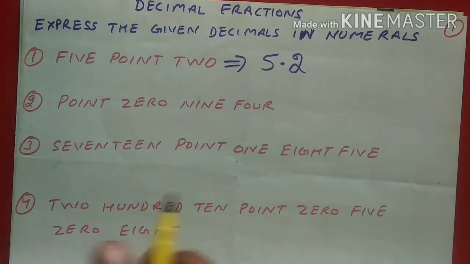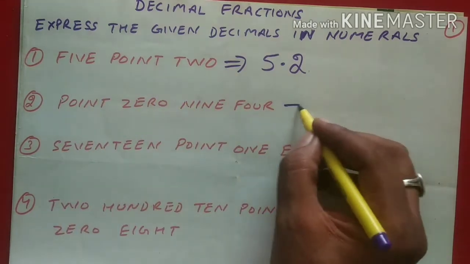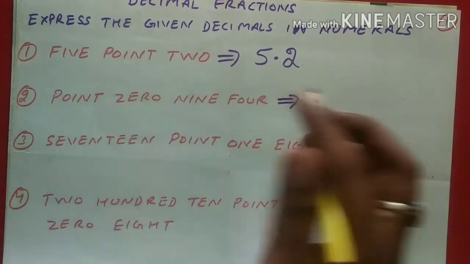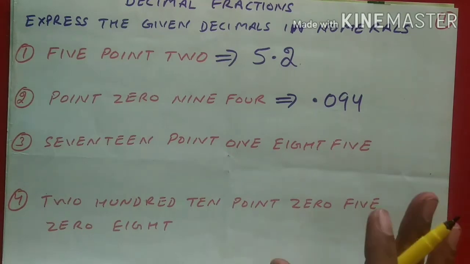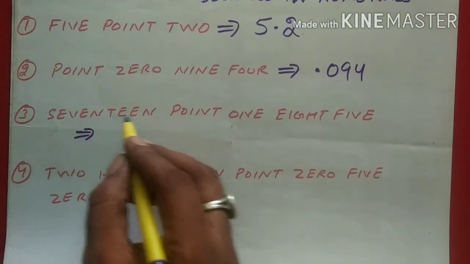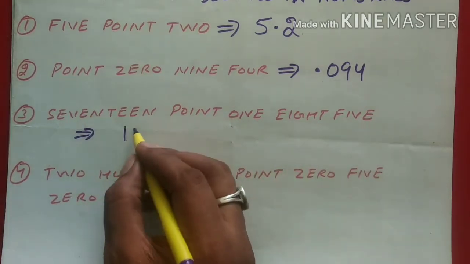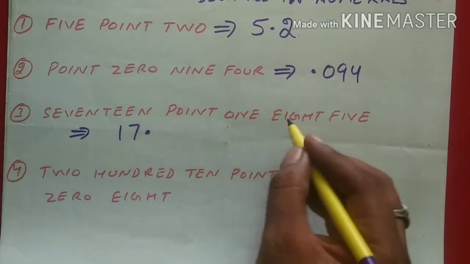Now we are on the second question. 0.094. First of all, you will write the decimal 0.09 and 4. Now we are on the third part. 17.185. 17 is this, after that point, then 185.